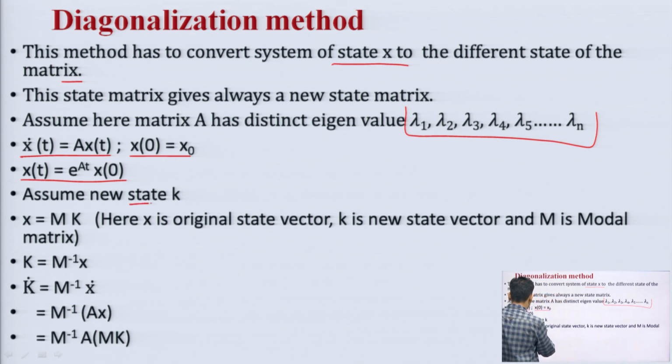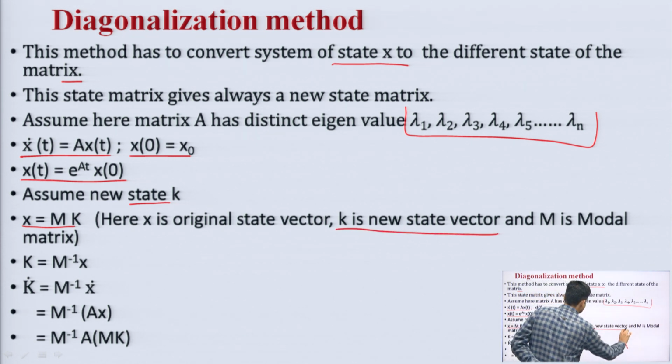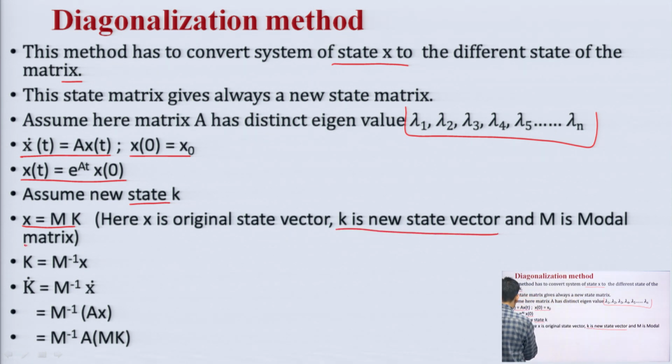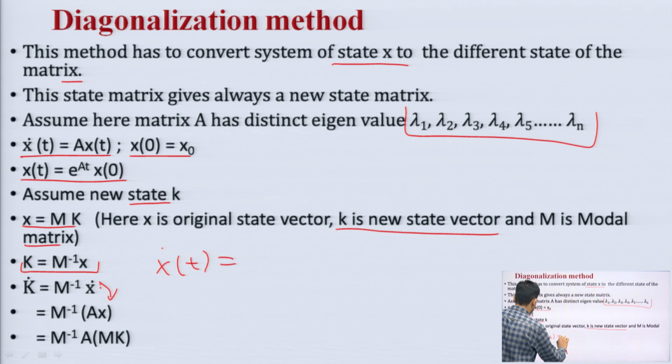So, assume a new state k where x equal to m k, where x is the original state, k is the new state vector, and m is the basic or modal matrix. So, k can be written as m inverse of x, and if I differentiate, k dot equal to m inverse x dot, or x dot can be written as A x. It means x dot t can be written as A of x t.